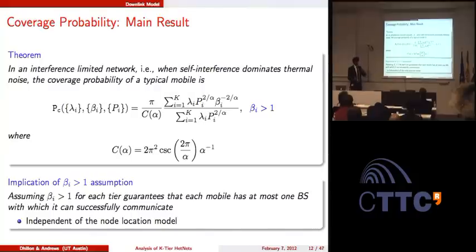The SIR at a mobile, if it connects to base station 1, is P1 over P2, and if it connects to base station 2, it's P2 over P1. Only one of these two numbers can be greater than 1. They can both be equal to 1 if P1 and P2 are the same, but only one can be greater than 1. And this actually extends to a countable number of base stations, and we have a proof in our paper for this.